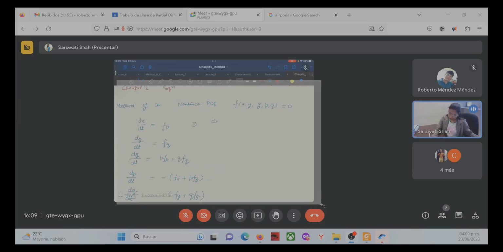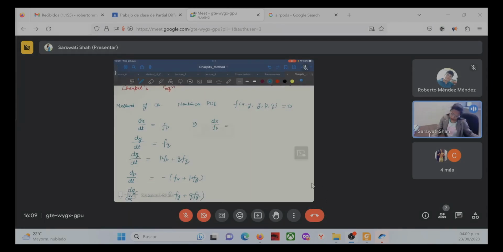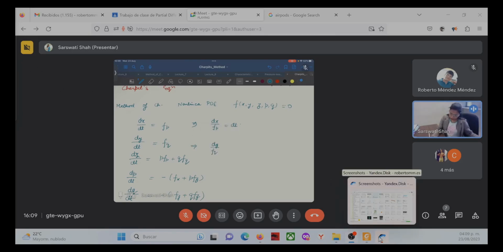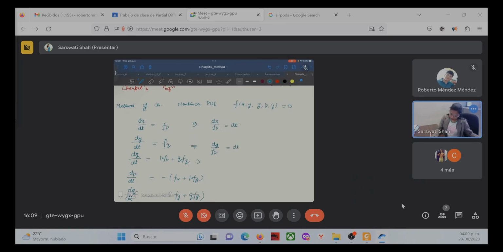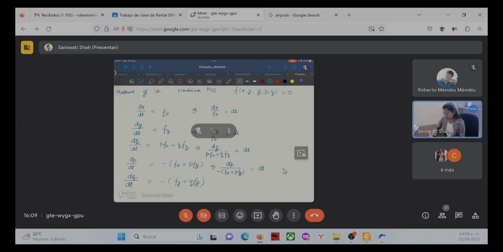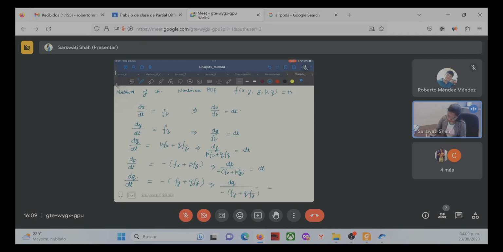Can we write it like dx over Fp equals dt, dy over Fq equals dt, dz over (P Fp plus Q Fq) equals dt, dp over minus (Fx plus P Fz) equals dt, and dq over minus (Fy plus Q Fz) equals dt.